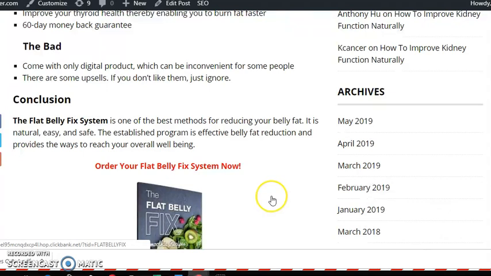This program costs you only $37, and you can use it for your lifetime. You also have all the support, including a lifetime Facebook group, so you can access a group of like-minded people.